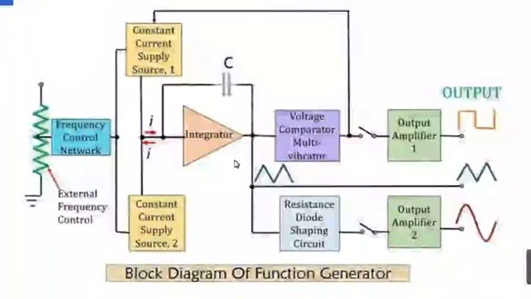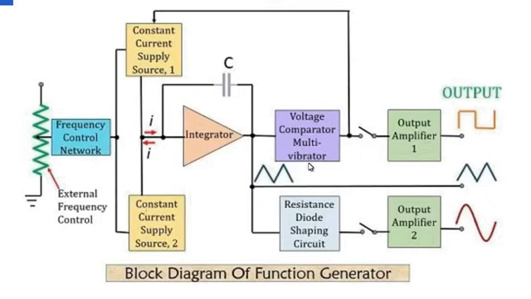The voltage comparator multivibrator is used to change the state at a predetermined level on the positive slope of the integrator's output. Thus, this cuts off the upper current supply and switches on the lower current supply.